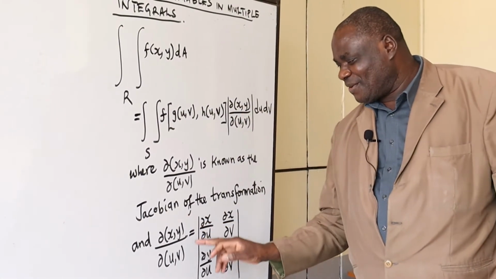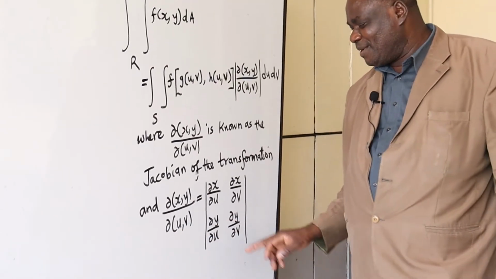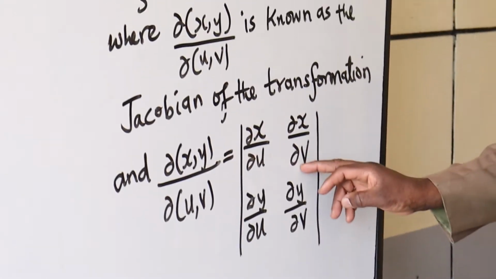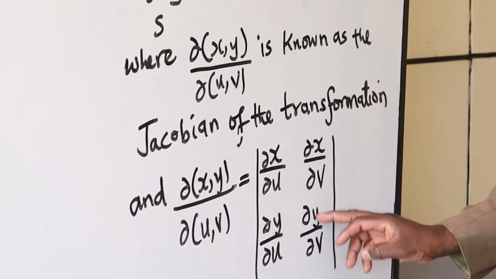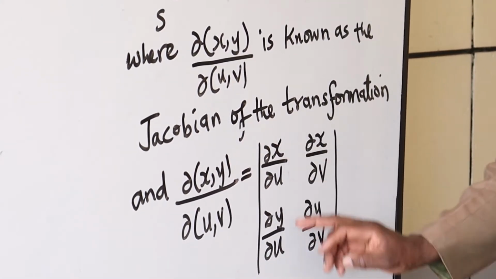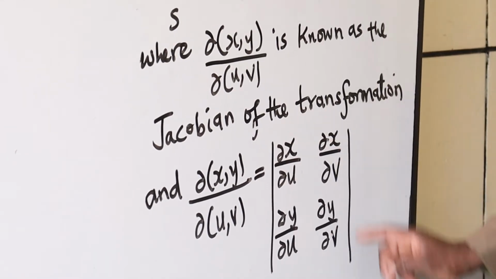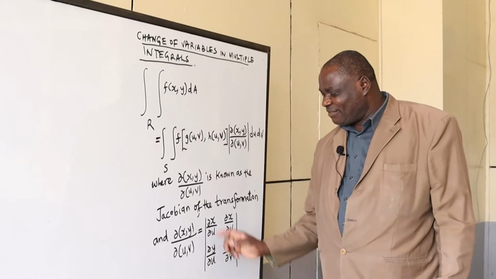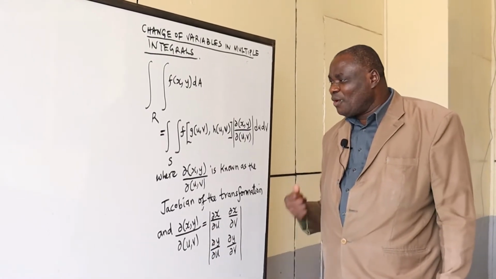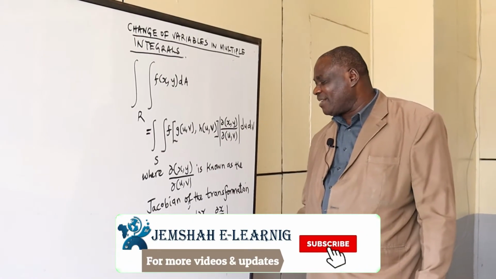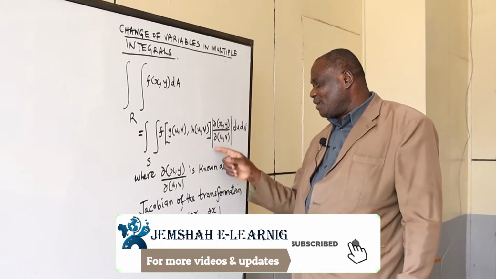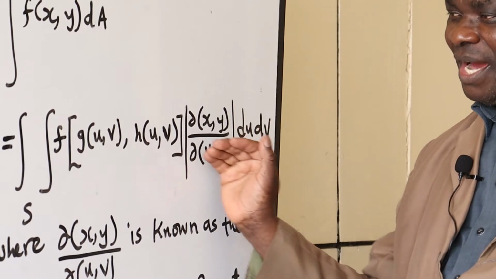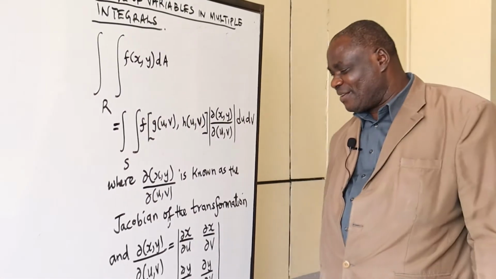So ∂(x,y)/∂(u,v) will be equal to the matrix with ∂x/∂u, ∂x/∂v in the first row, and ∂y/∂u, ∂y/∂v in the second row. These are partial derivatives. Then we get the determinant of that matrix so formed. After getting the determinant, we only pick the absolute value. That is what we are going to input where there is the Jacobian in our double integral.